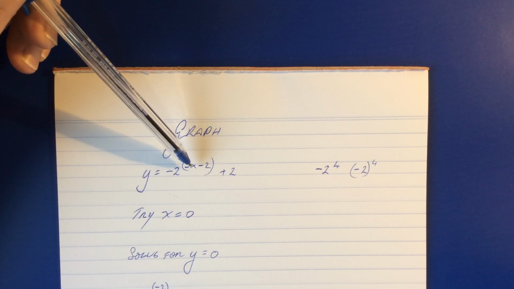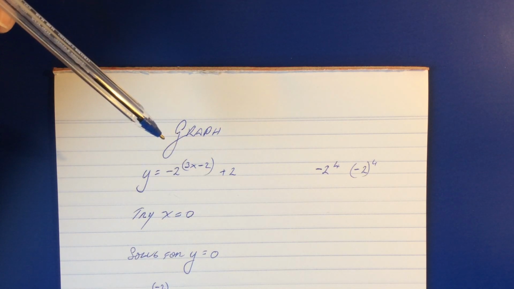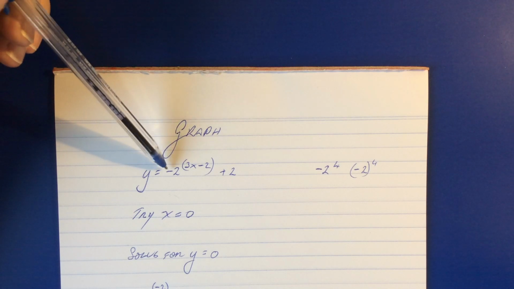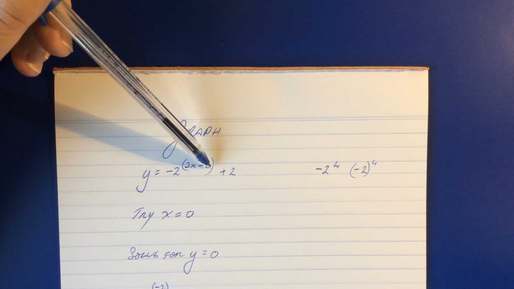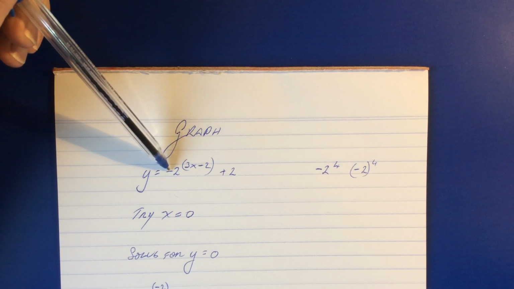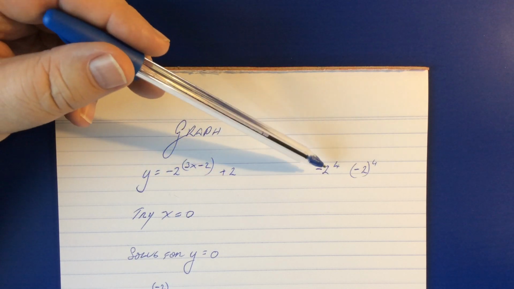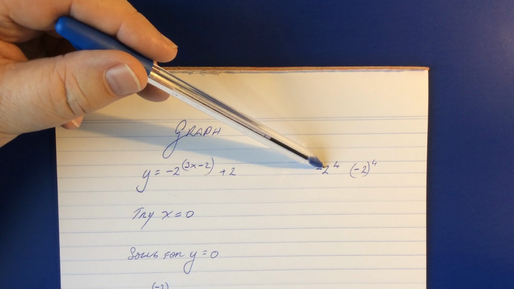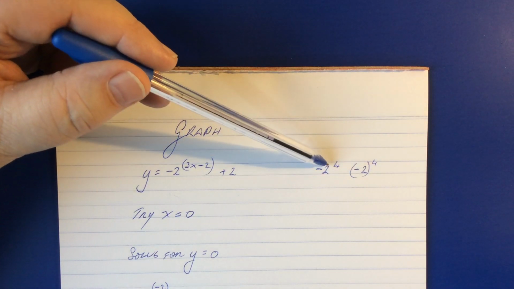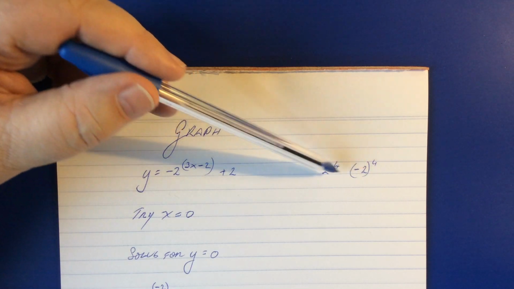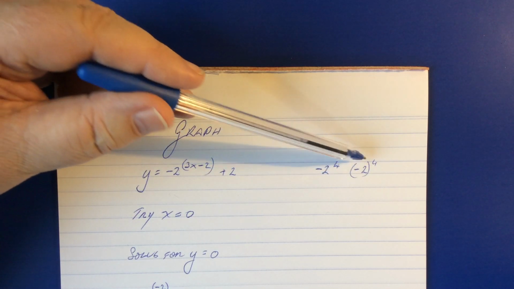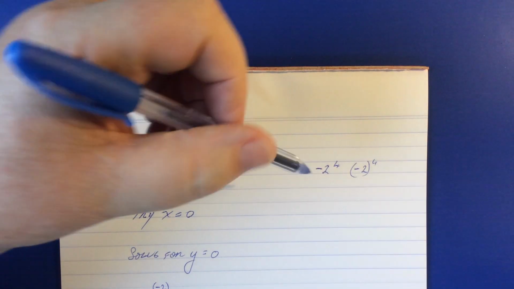Now, there are a couple of things to beware of. This is negative 2 to this power, but look at how negative 2 is expressed. If we take a quick look over here, we've got what some people might see as the same thing, just written different ways, but it in fact is not.